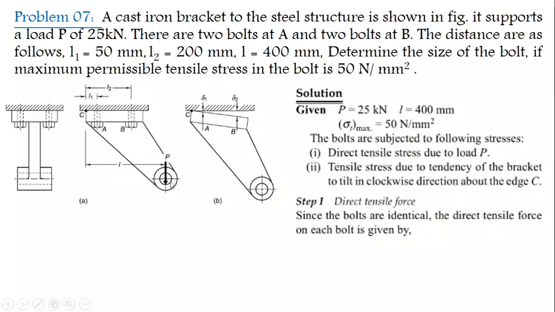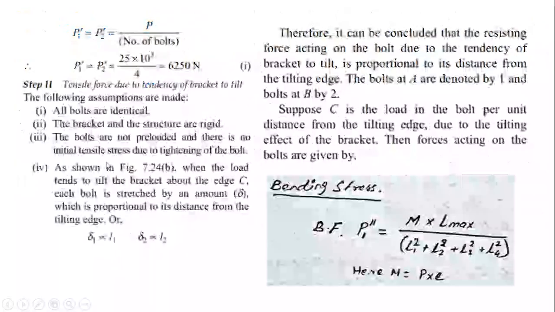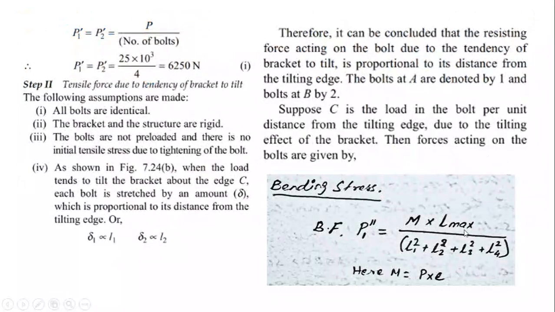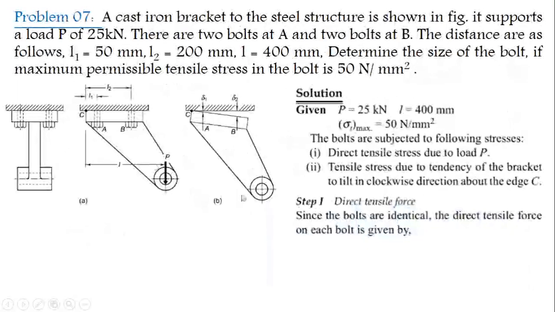Here M is the moment. Moment means load into distance from the tilting point. So M into L max divided by L1 squared plus L2 squared plus L3 squared plus L4 squared.